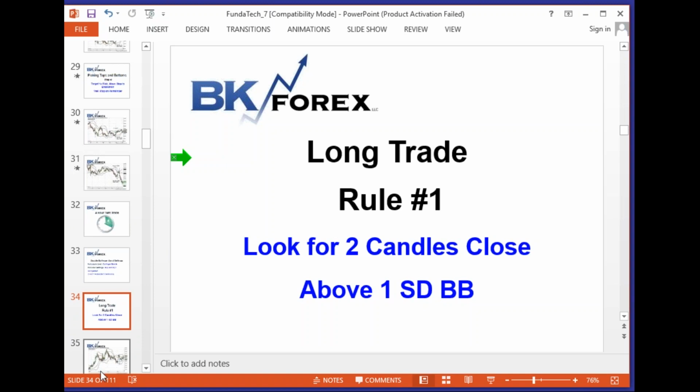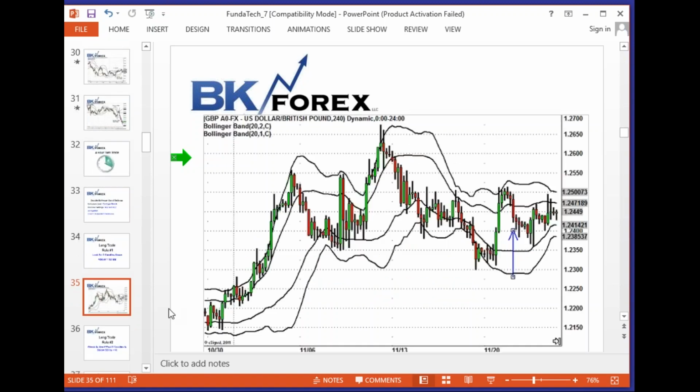So basically, what you want to do is take a look at the charts, and let's say with the 4-hour chart, we see the currency pair drop below the first standard deviation Bollinger Band, where my blue arrow is pointing.